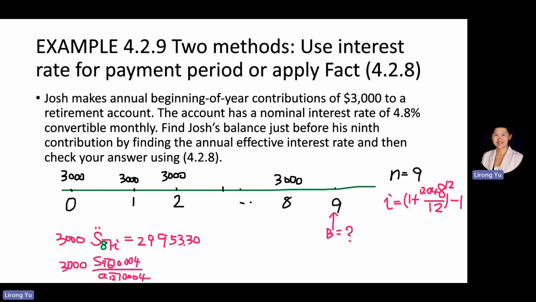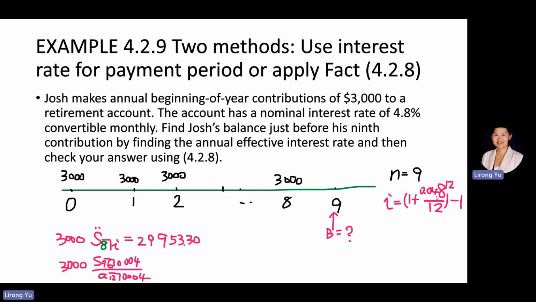Now, what is the i exactly? The payment is annual, so we need to find the annual interest rate. The interest period is monthly, so the 4.8% is a nominal interest rate. It has to be divided by 12 to get a monthly interest rate, plus 1, then raised to the power 12, and minus 1 to get the interest.